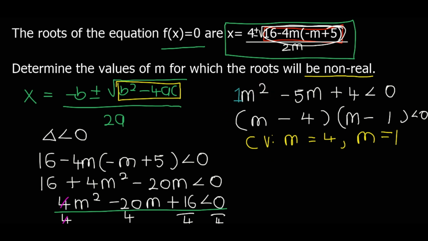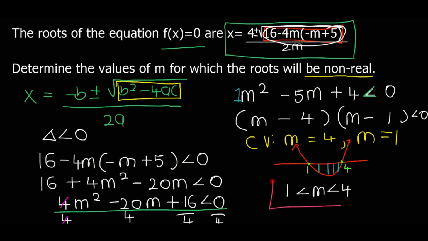So it means that the graph is going to be something like this, and then our critical values are that here we have 1 and here we have 4, and because this inequality is less than 0, it means below the x-axis, so you are over here. So in conclusion, solving this, we have 1 is less than m, and m is less than 4. So this is the answer.